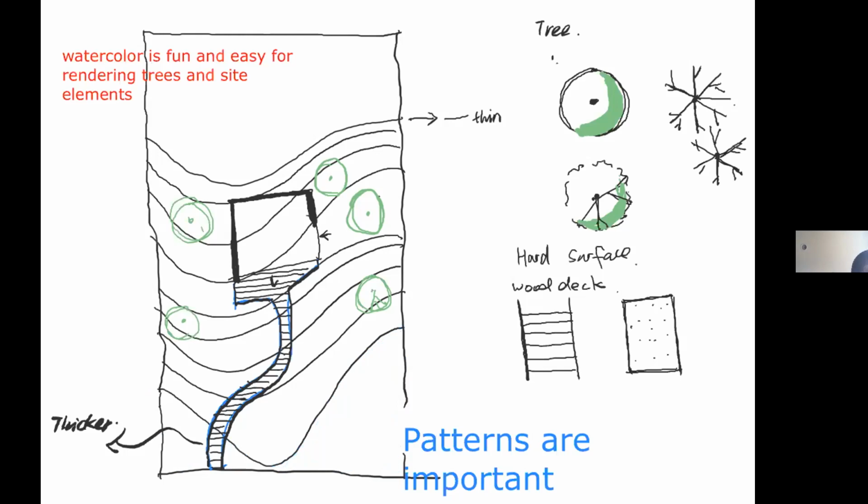So for the site plan, we also need to think about outdoor space, and it's similar to your trails. If you have outdoor space, you might want to position it somewhere.